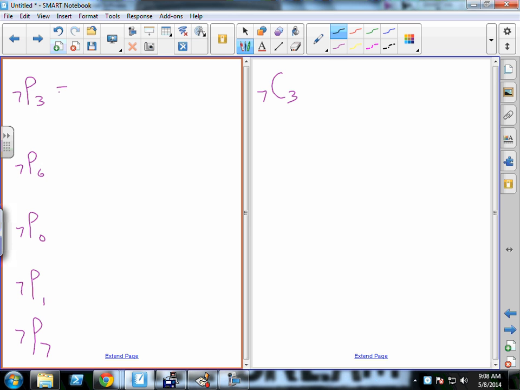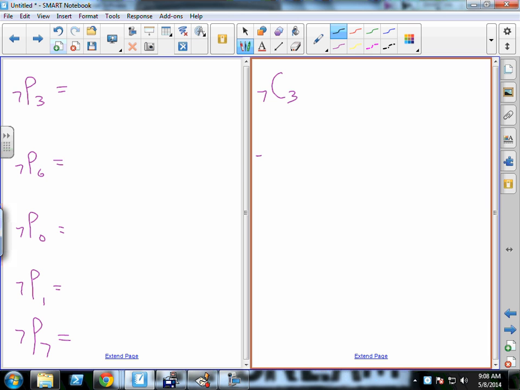Okay, so we're going to evaluate all these. And a couple of them we'll do without a calculator, and then we'll throw the calculator in the mix after we get a couple of them out of the way. So we're going to do the same thing with combinations. 7, choose 6. 7, choose 0. 7, choose 1. And 7, choose 7. Okay. We ready for this?